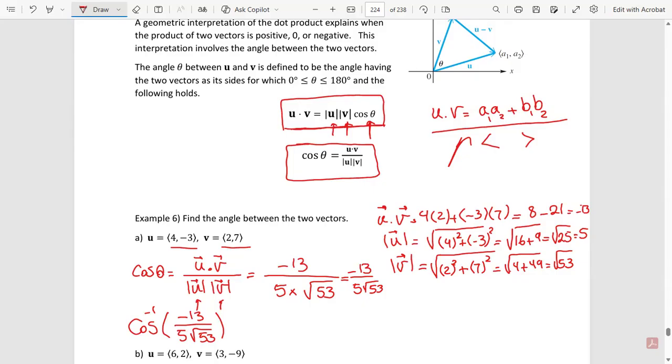Let's type this in the calculator and see what the cosine inverse of negative 13 over 5 root 53 is, and the answer is 110.92, and that's the angle between the two vectors.